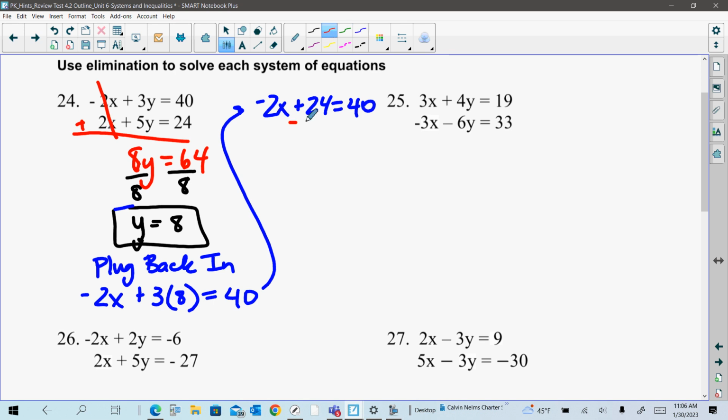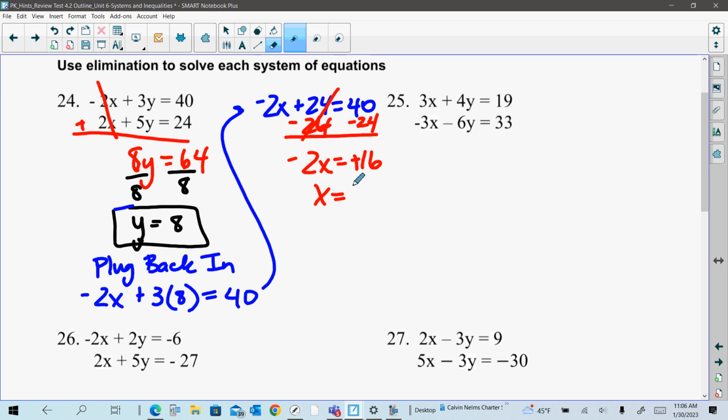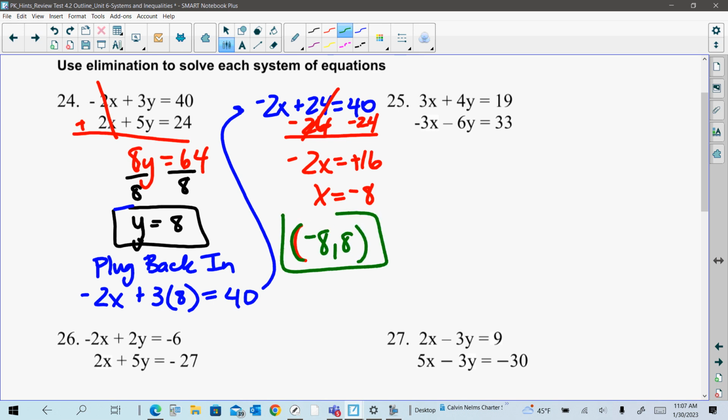Then if you subtract your 24 to isolate your x term, we get negative 16. So x equals negative 8. Oh, positive 16, sorry. You got it right. So negative 8 comma 8 is your solution.